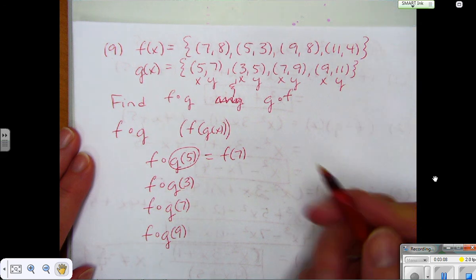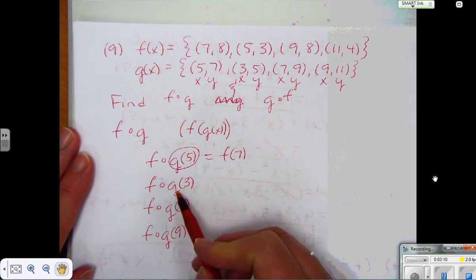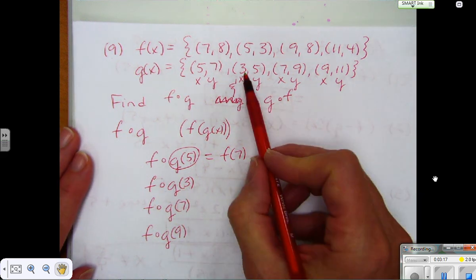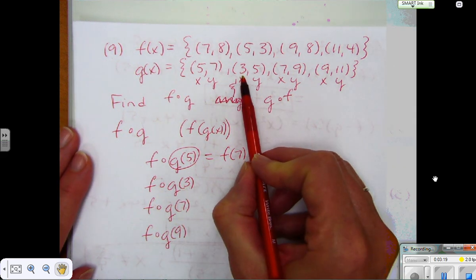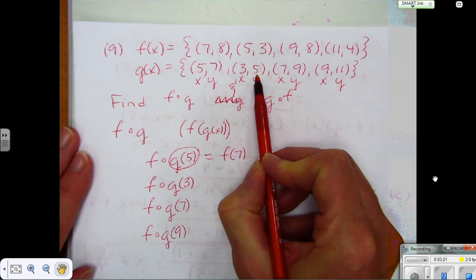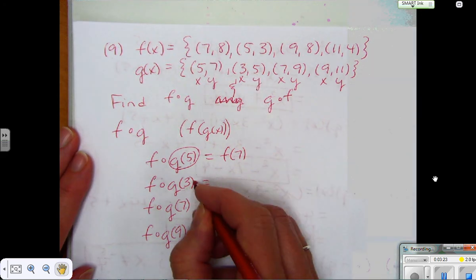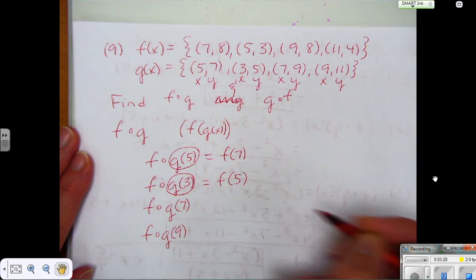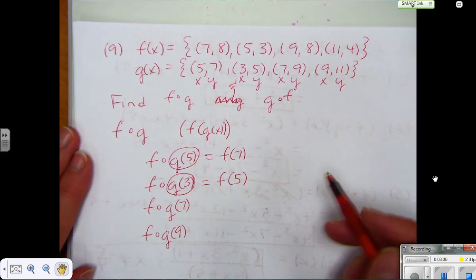Okay, so let's do it for the next one. I want to find the value for g of 3. So when g is 3, when the x value is 3, y is 5. So I'm going to substitute that 5 in place of this g of 3, so it looks like this, f of 5. Okay, let's do the next one.